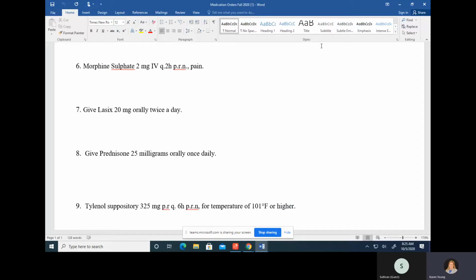IV is intravenous, but what does IV represent? The route. And the Q2H, every 2 hours, represents frequency. And then the PRN for pain would be our special instructions.